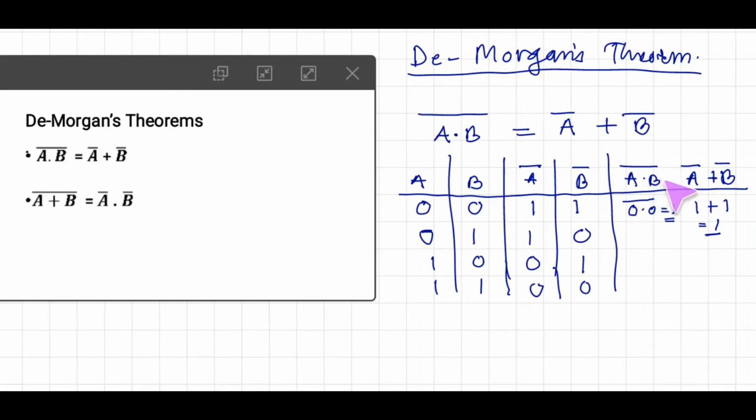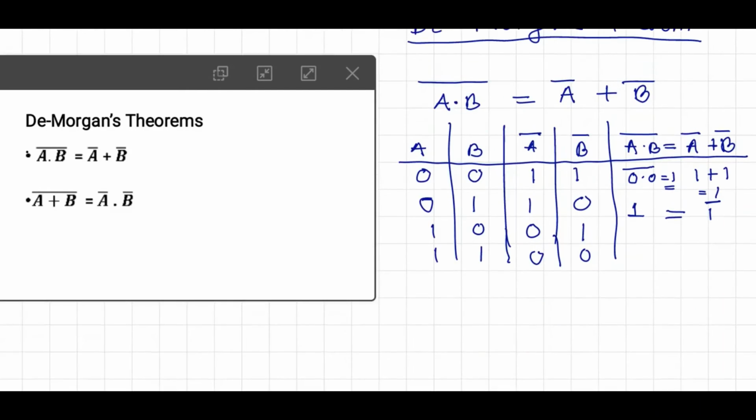So according to this rule, here we see the complement of A dot B. Here A dot B is 0 into 1, that is 0, and its complement is 1. Similarly, A complement plus B complement: here A complement is 1 and B complement is 0. So 1 plus 0 is 1. So again these two values are the same. Similarly, we can calculate for the remaining. So this is De Morgan's first theorem.